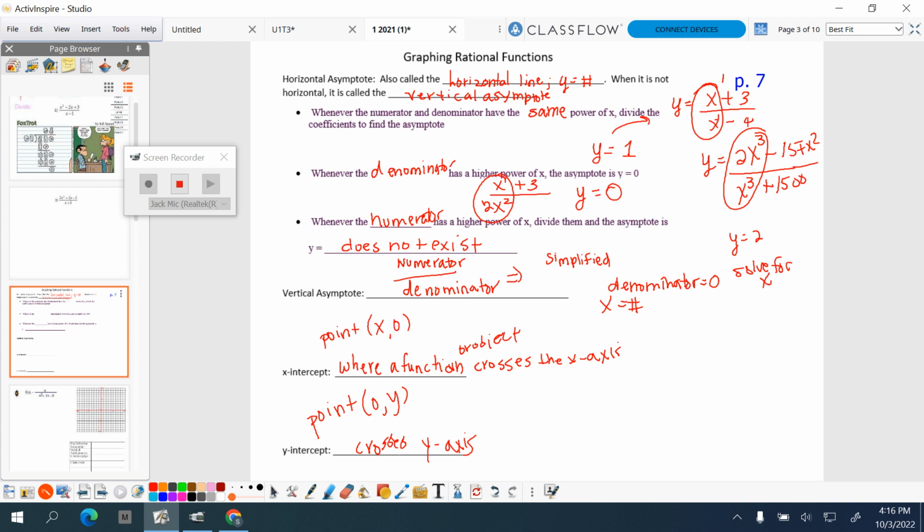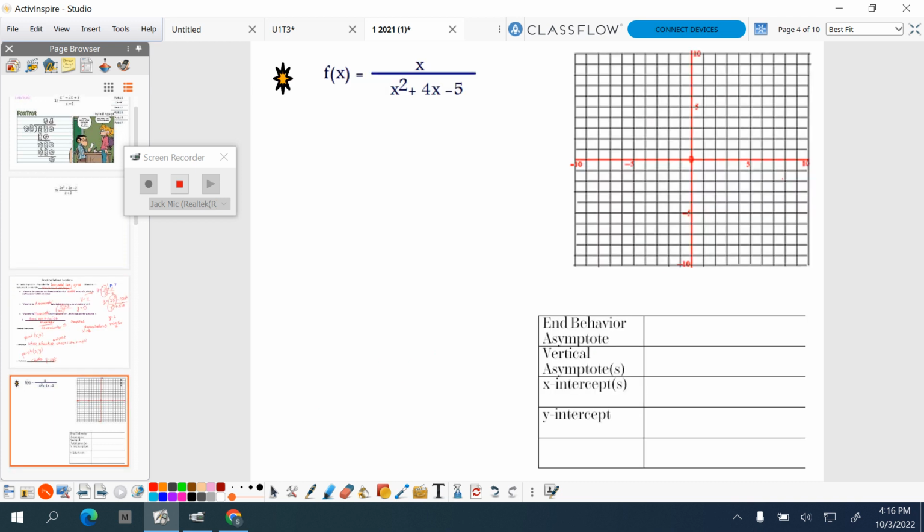We will move forward a little bit and just graph our first function here. We're going to look at this and we're going to factor. We have x over x plus 5 times x minus 1.